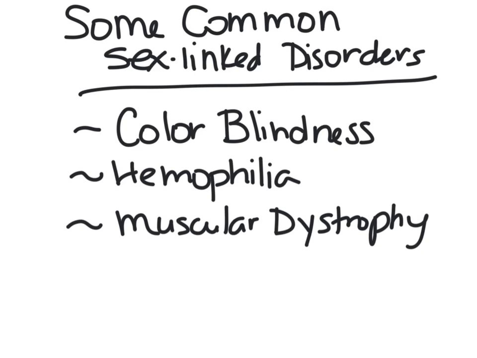Hemophilia is a blood disorder in which the person has difficulty clotting their blood. And muscular dystrophy is a condition in which the muscles will dystrophy at a certain period of time. And of course scientists are looking at all of these disorders to find ways to cure them. But for right now we're just going to look at the basic genetics behind them.